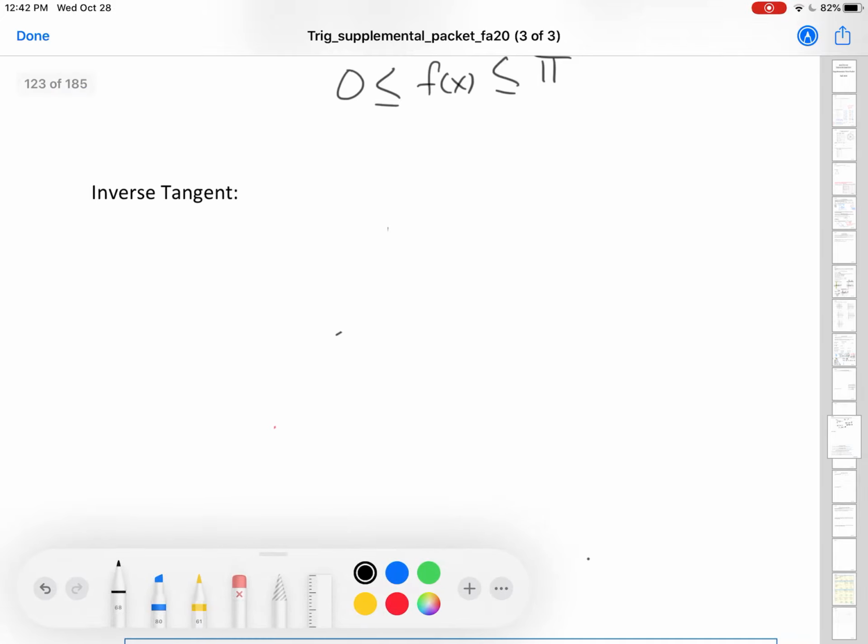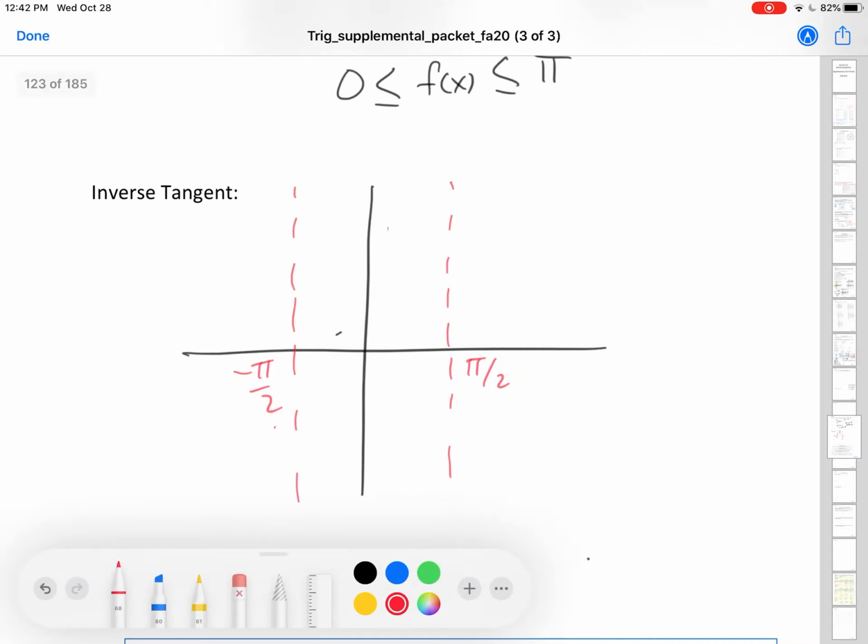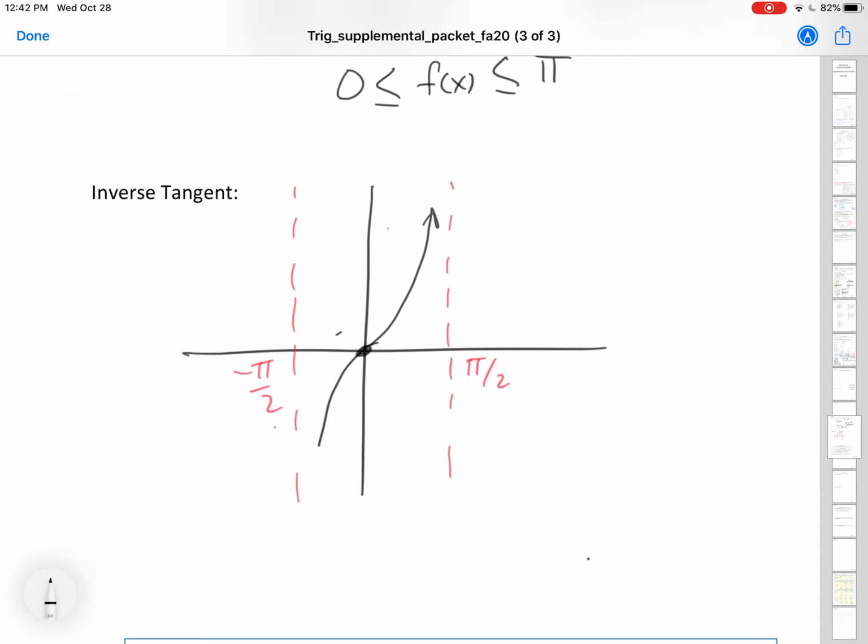Let's go look at this for just a minute. I had the pi over 2 right, but if you remember tangent, and I really apologize for misleading you there for a moment, it's from minus pi over 2 to pi over 2. It reaches 0 right in the middle and goes up from there. This is better.